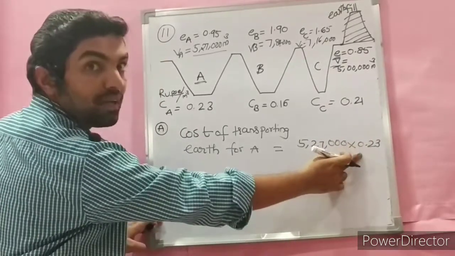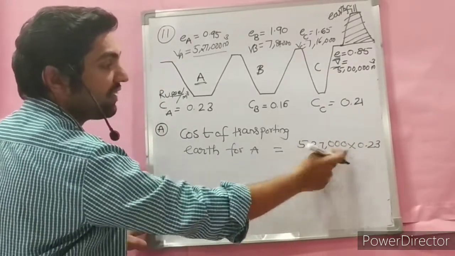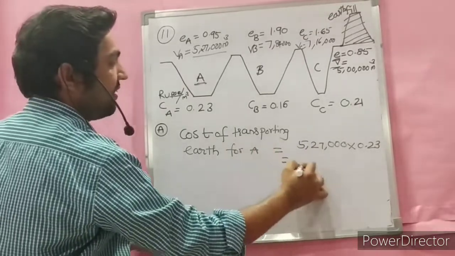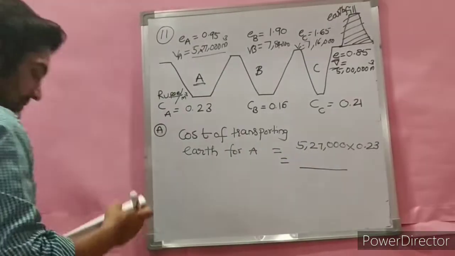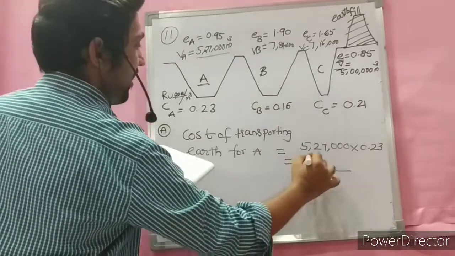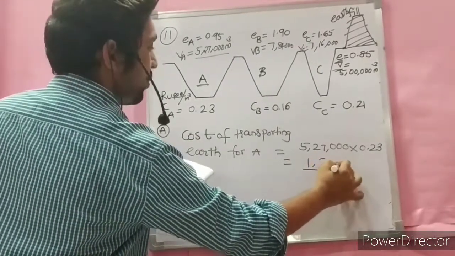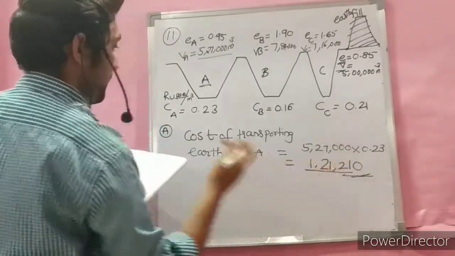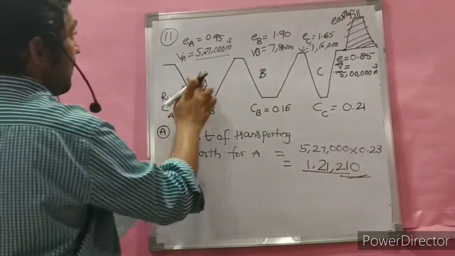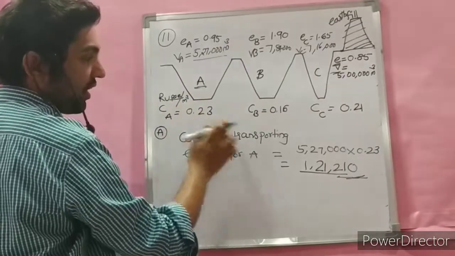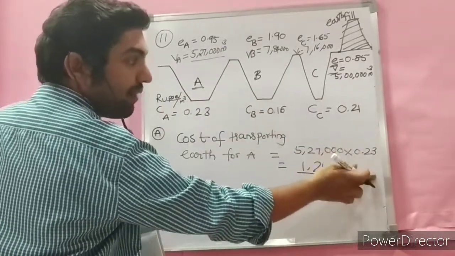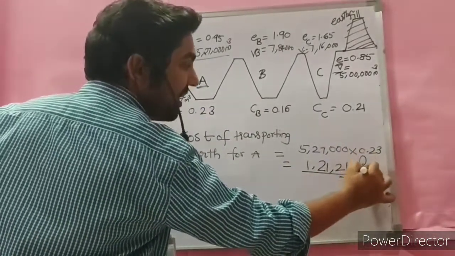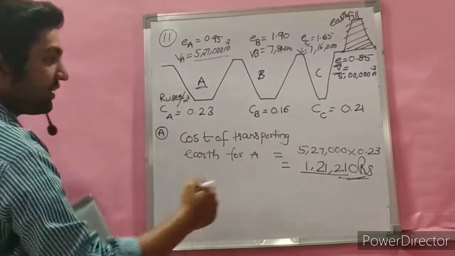Per one meter cube it is 0.23. For 5,27,000, how much? The answer is 1,21,210 rupees. Meter cube cancels, and this is in rupees. Cost is in rupees.